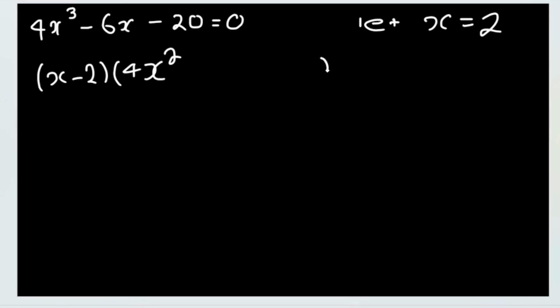And the last term of my trinomial, because I have minus 2, it will be plus 10. Okay, because if I multiply minus 2 and positive 10, I'll get minus 20. But what about the middle term? How do I find out about the middle term?